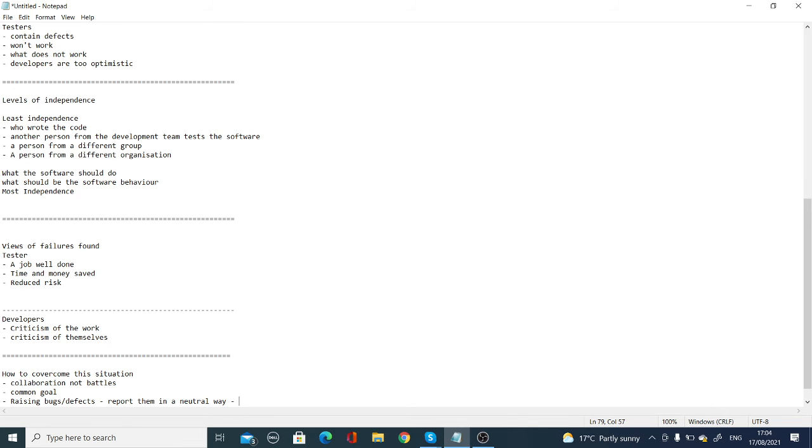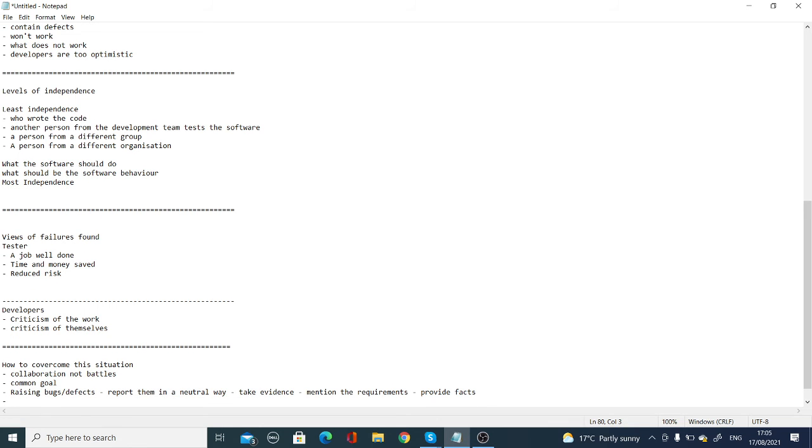You need to take evidence and mention that you are testing so and so requirements and you found this requirement is not being met. You need to write in a way that you are not targeting any person, you are just providing the facts.